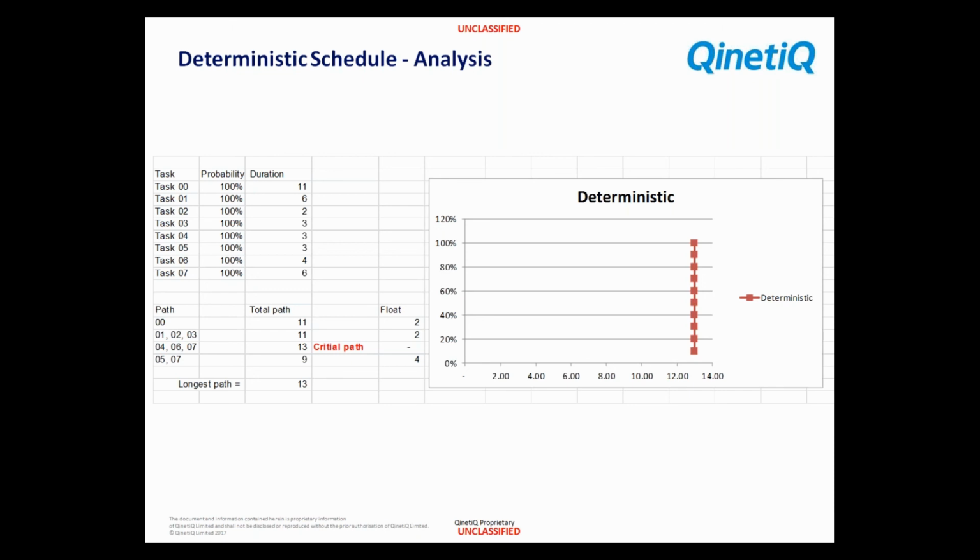Now, in this deterministic estimate, what we then do is we look for the longest path, which in this case is 4, 6, 7, which has a duration of 13. That longest path is the critical path, and where you would establish that the project will end. It will finish in 13 days' time on a deterministic.